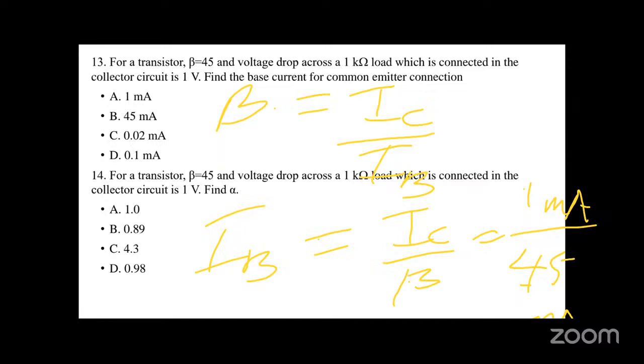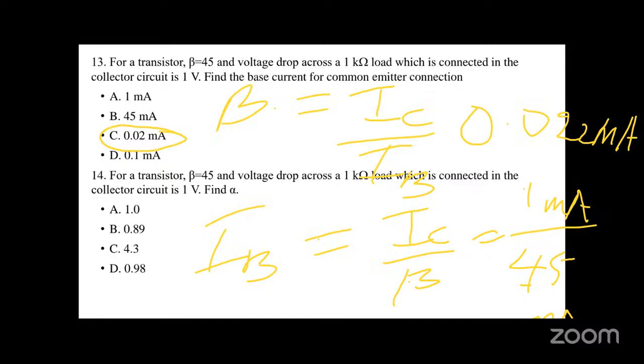That will give us 0.022 milliamp. So the correct answer is C.